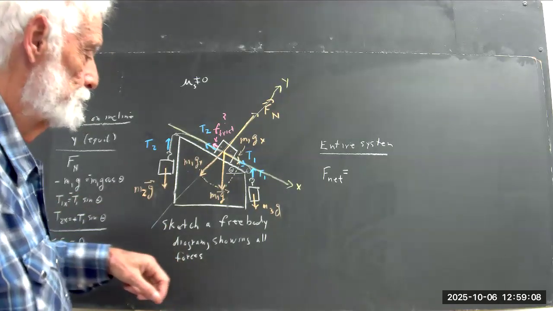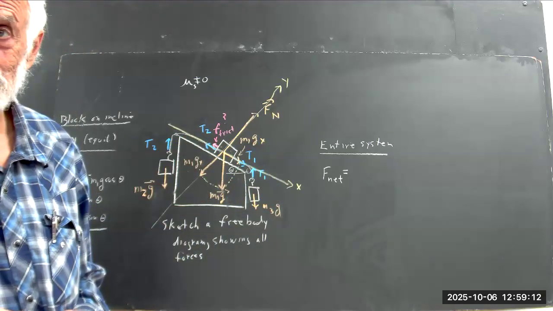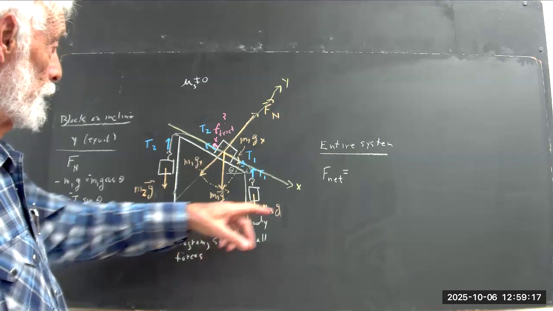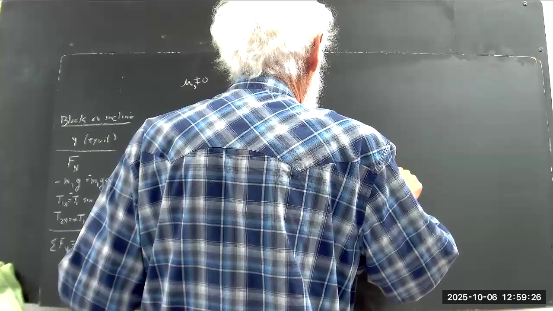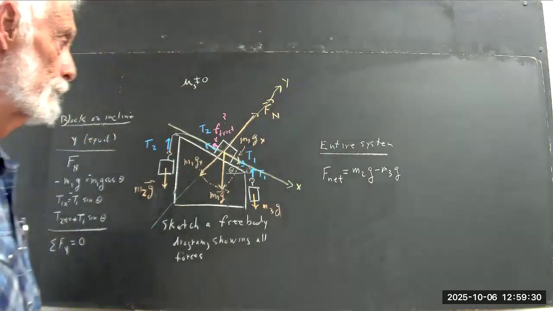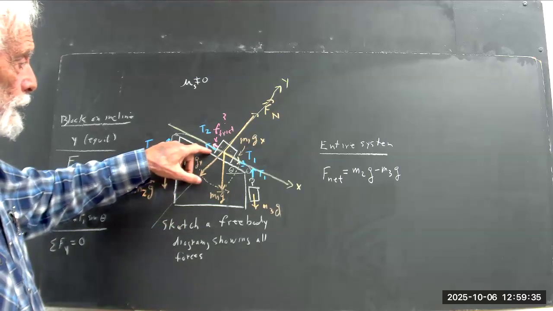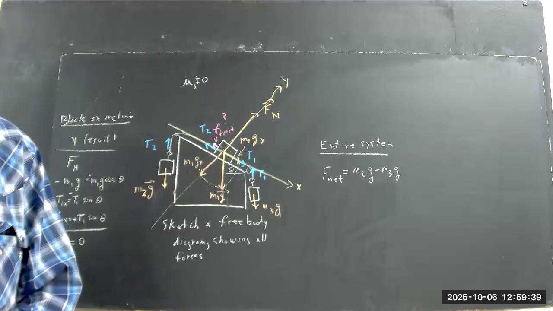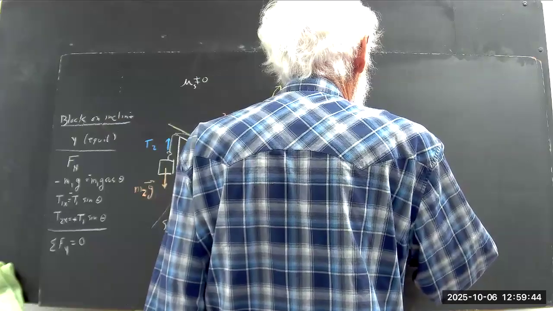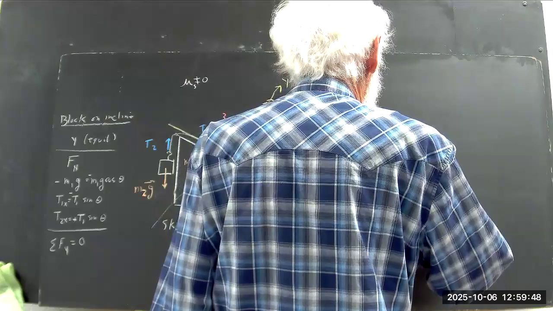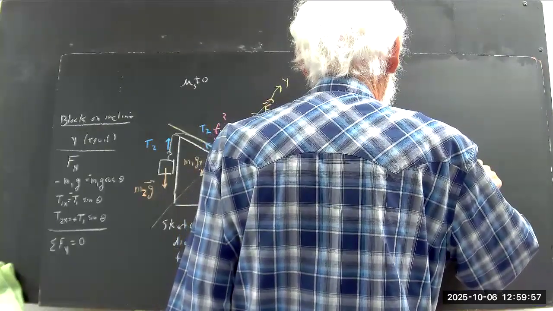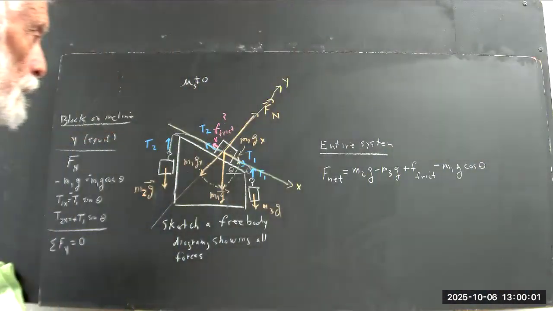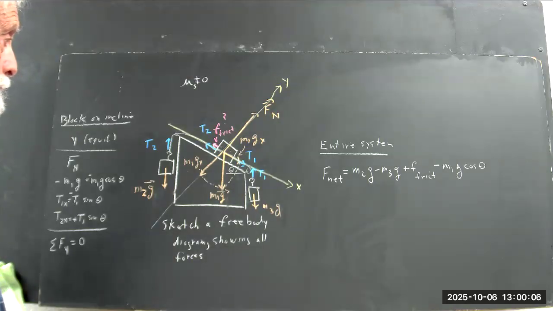Well, if counterclockwise is the positive direction, then the net force is M2G minus M3G, and then it's plus the frictional force, and then it's minus M1G cosine theta. Now, does that make sense?